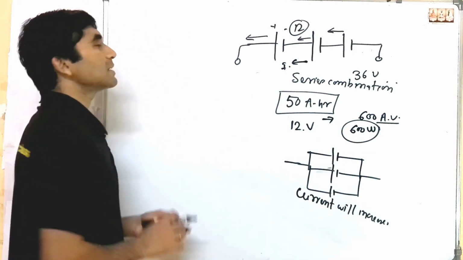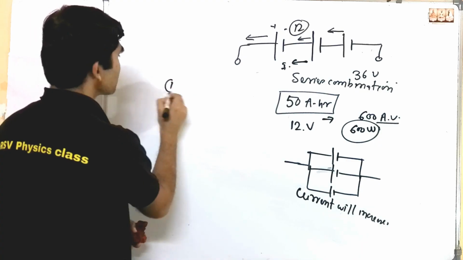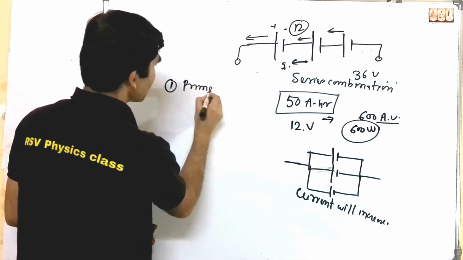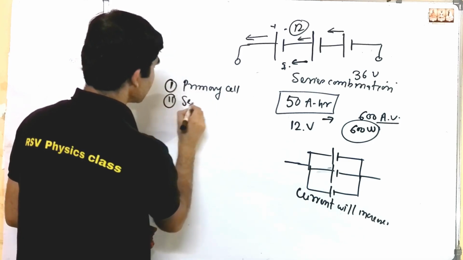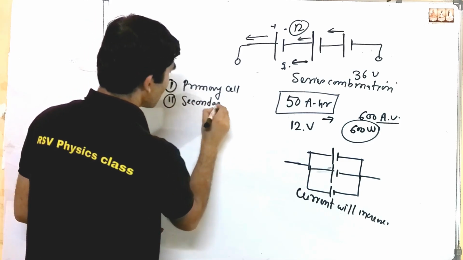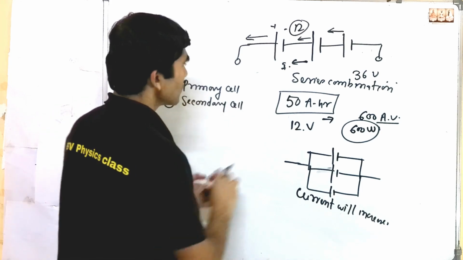Okay, so there are different types of cells. You have read in your childhood about primary cell and secondary cell. So what is the primary cell?